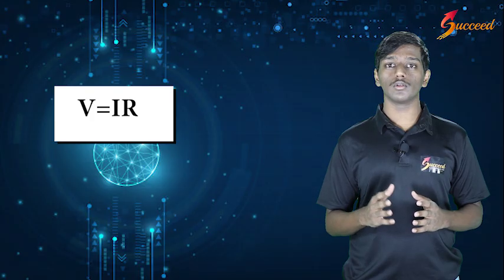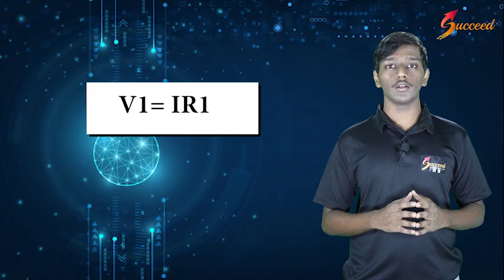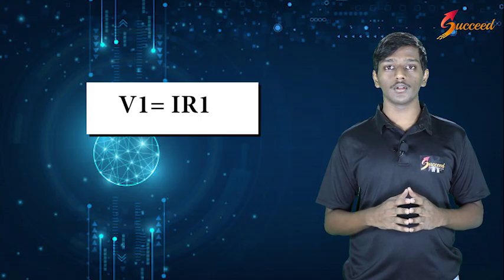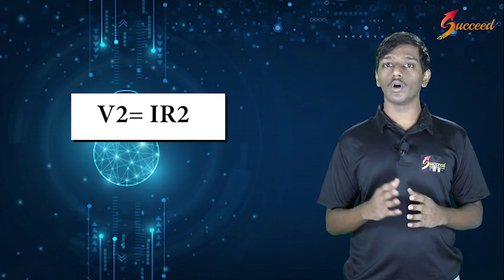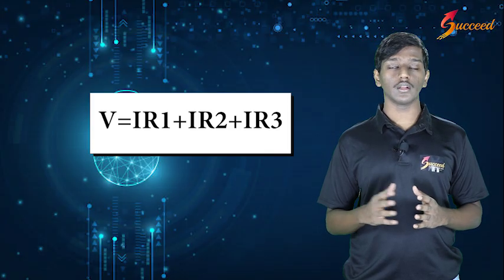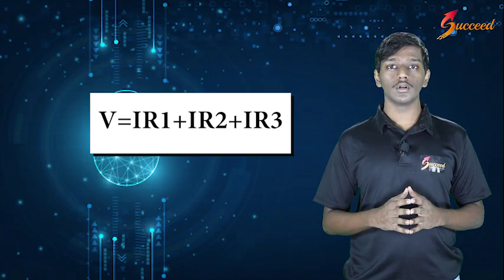From Ohm's law, we know V is equal to IR. Similarly, V1 is equal to IR1, V2 is equal to IR2, V3 is equal to IR3. By combining all these equations, we get IR is equal to IR1 plus IR2 plus IR3.